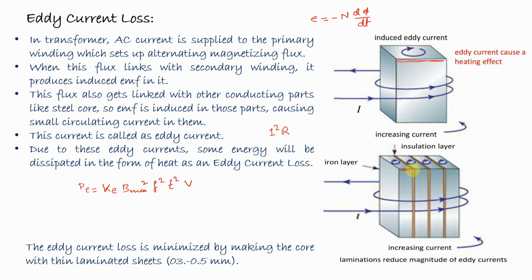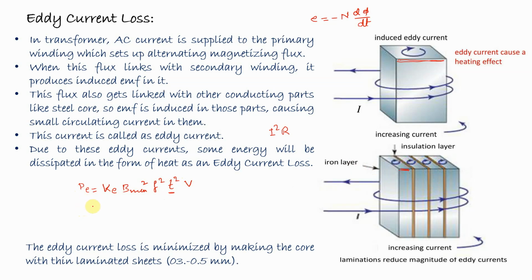There will be insulation between each sheet, and then pressure is applied, and the structure of the core is developed. So we have reduced the thickness of the material, and the eddy current loss is proportional to the square of the thickness. Therefore, if the thickness is reduced, the eddy current loss will also be reduced significantly.